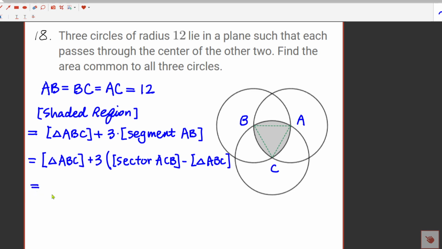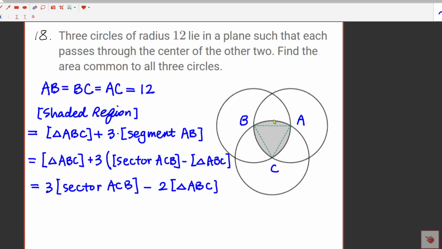And simplified, this will give us 3 times the area of sector ACB subtracted by 2 times the area of triangle ABC.